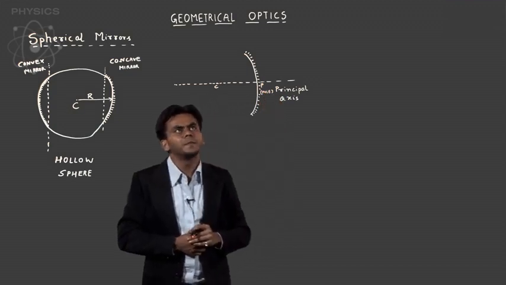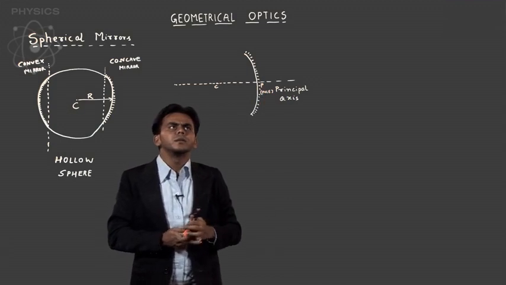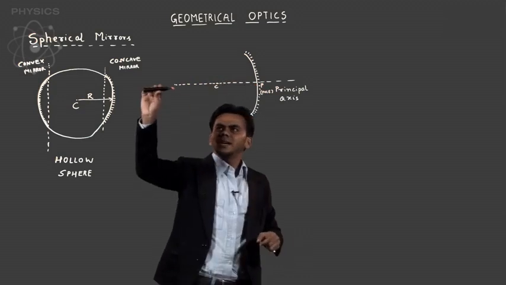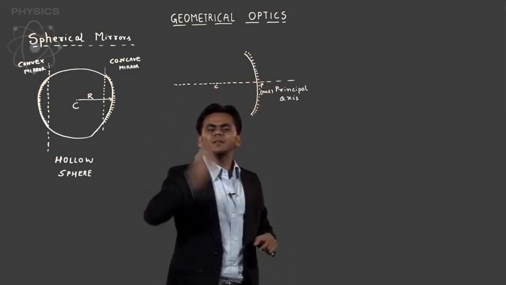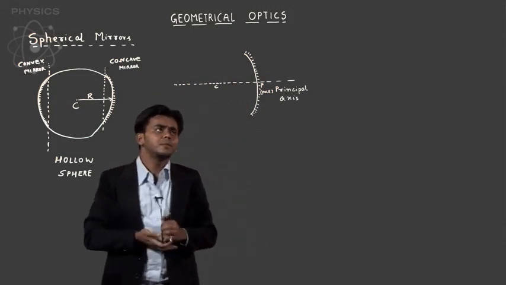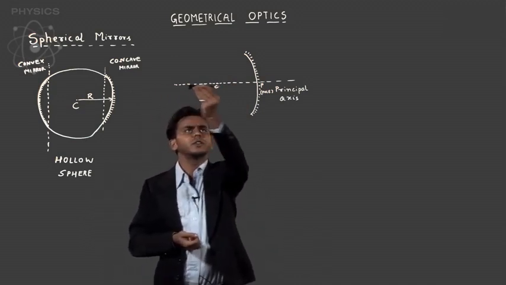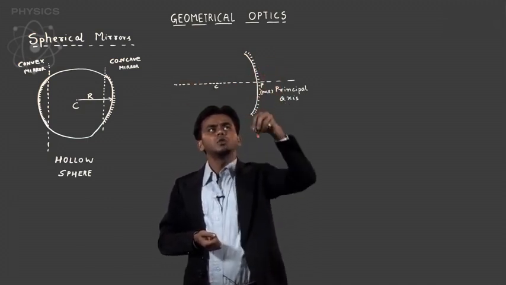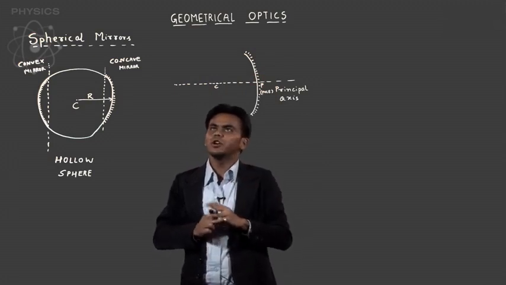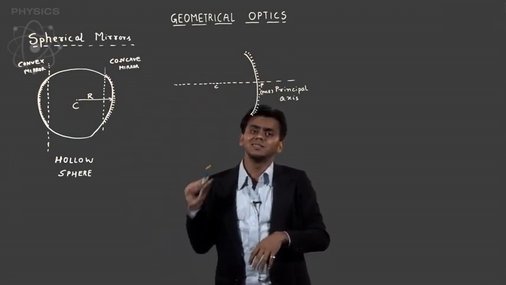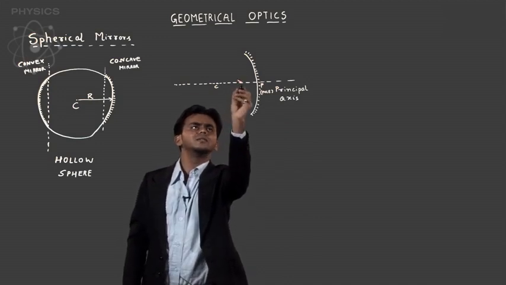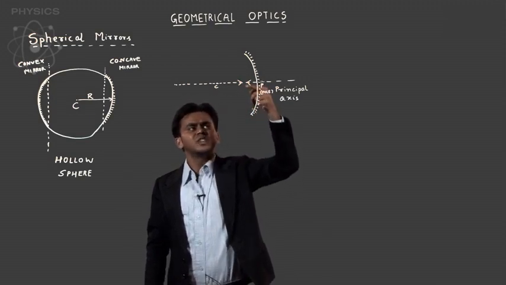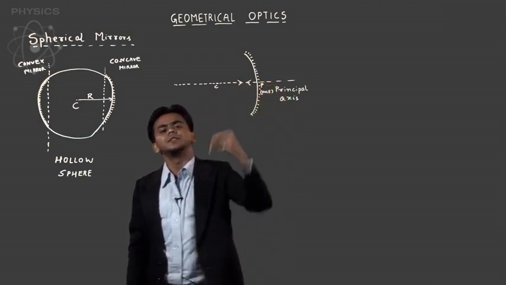of the concave mirror. If a ray of light is passed along the center of curvature, it would just come back in the same path. That is based on the idea that if a ray of light is passing through the center of curvature, it is falling perpendicular to the mirror, or rather it is falling normally. So this is a case of normal incidence. So whenever you have a normal incidence, the principle of reversibility comes into picture, and this reflects the light in the backward direction.